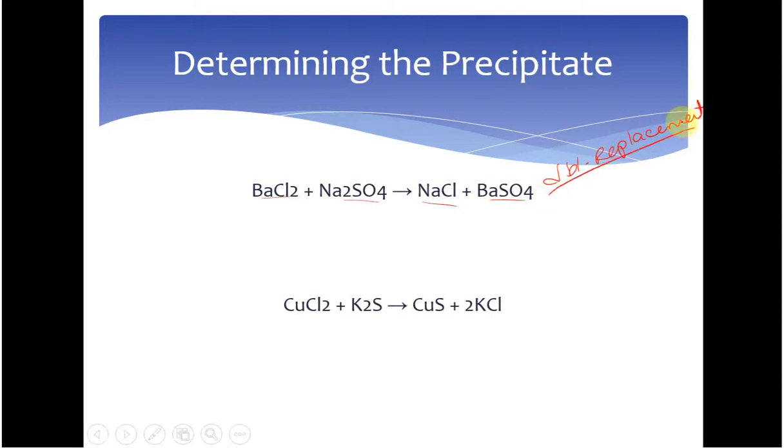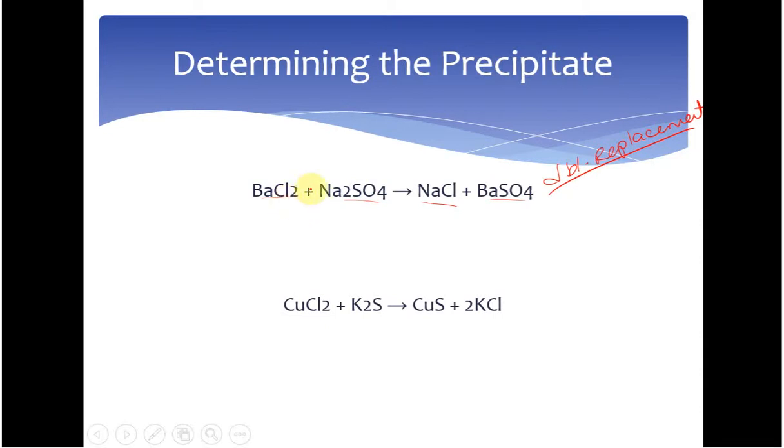Now, to get full credit in lab, you have to classify it as both a main type and an aqueous type. So we've got double replacement, and let's look. Is this going to be gas evolving? I doubt very seriously salt will form a gas, and same with this salt. So it's not gas evolving. As far as acid and base, I don't see an acid or a base over here, much less both, so it's not acid-base.